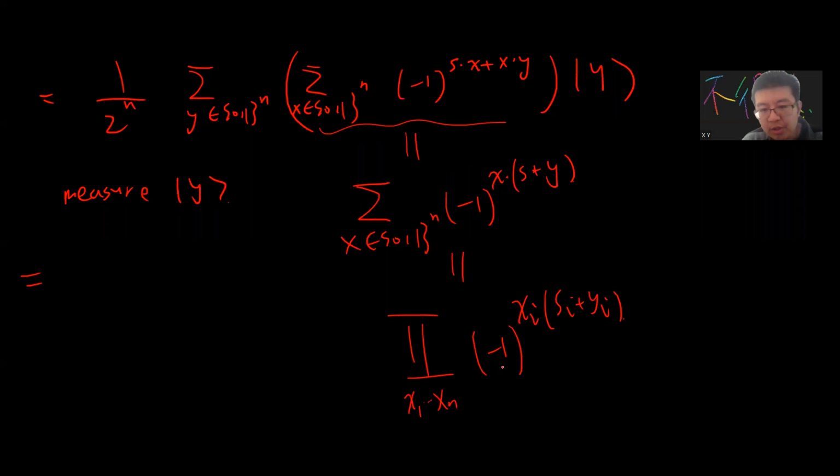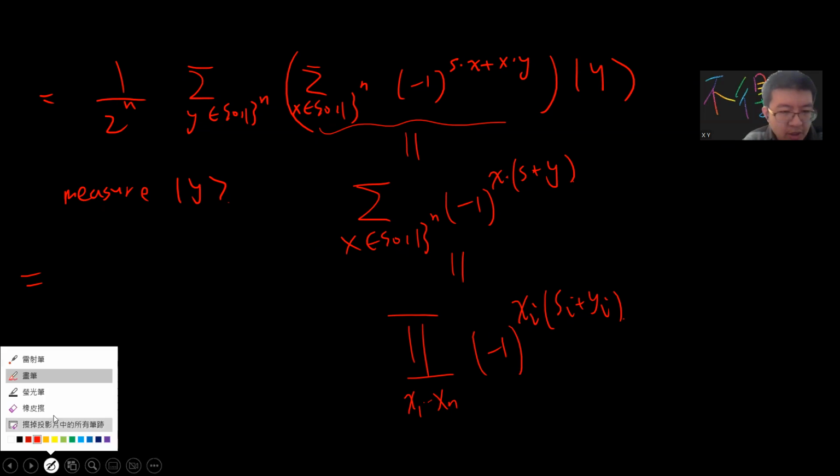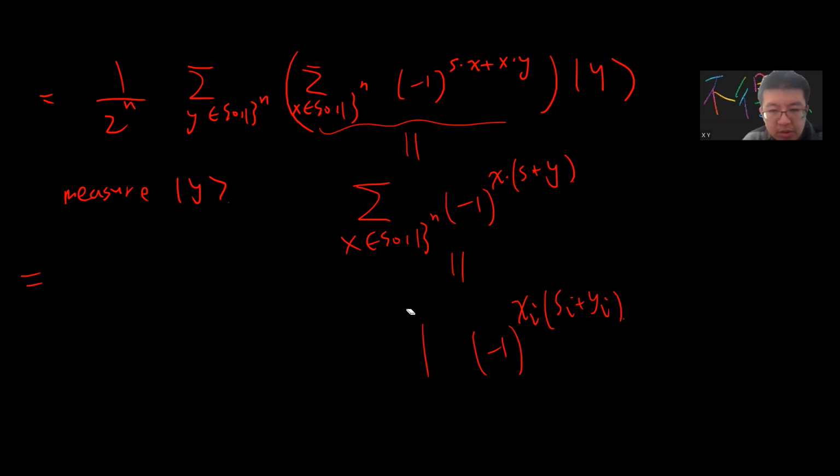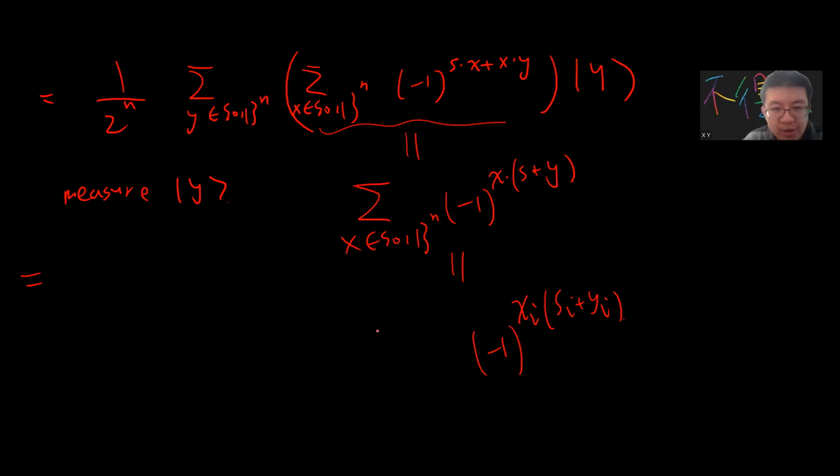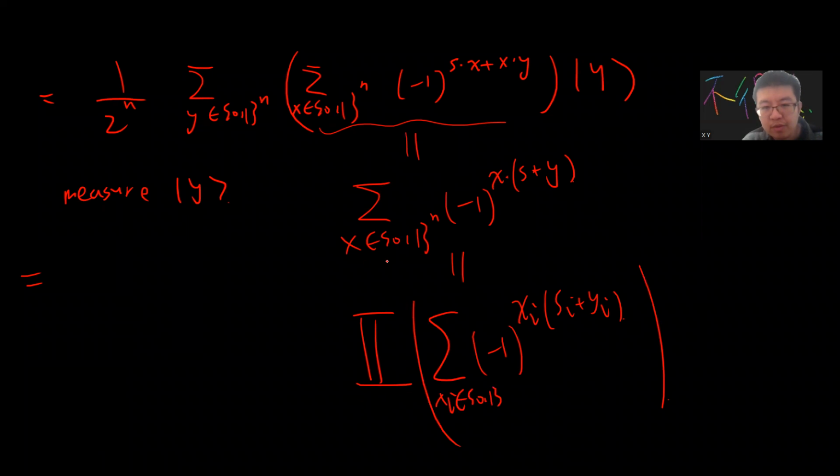But obviously that, sorry, this is incorrect. Basically, it's this product, right? And this is xi. So now xi is 0 or 1, and in total we have n terms, so it's just i.